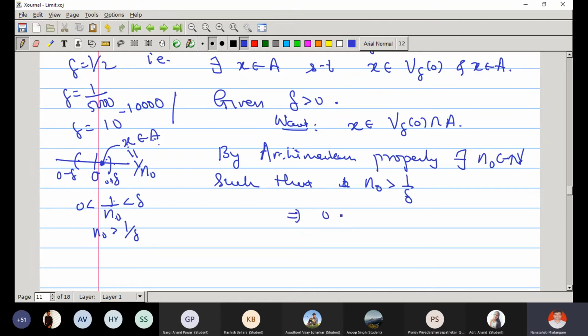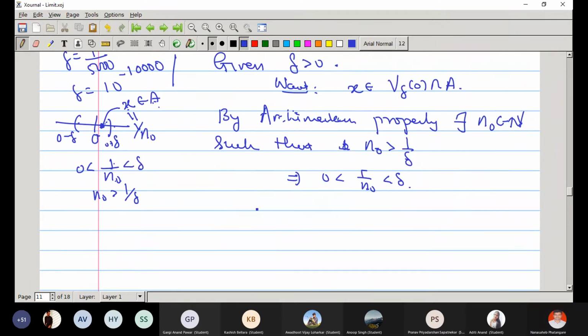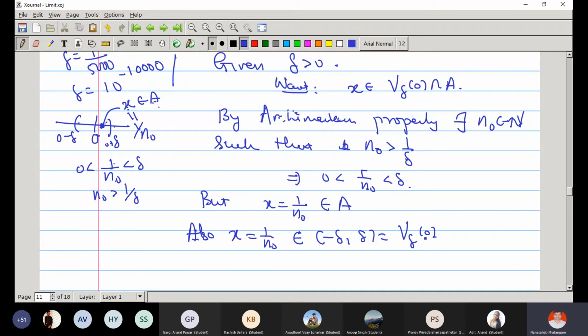So ultimately, x equal to 1 upon n naught is a member of the set A because all such numbers are in A, and since 1 upon n naught is in between 0 and delta, x is also a member of minus delta to delta, which is V delta 0.